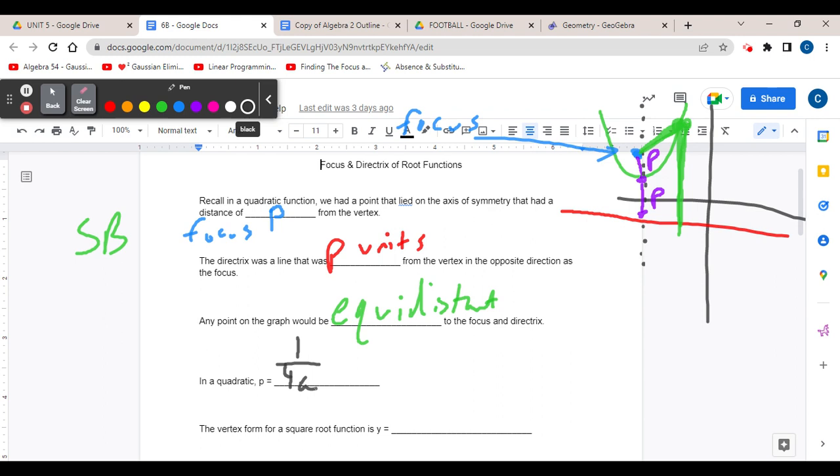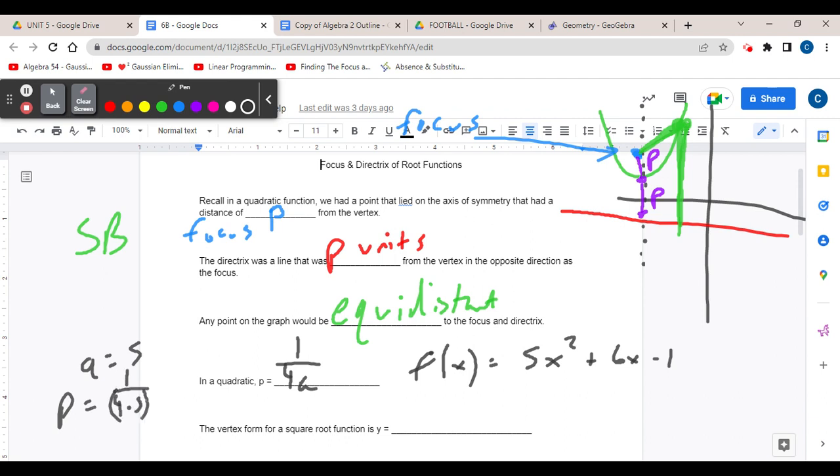Okay, so if we had a quadratic where f of x equals 5x squared plus 6x minus 1 or something like that, we knew that the A was equal to 5, and so P would be 1 over 4 times 5, which is really 1 over 20. Okay, that's an example in a quadratic.